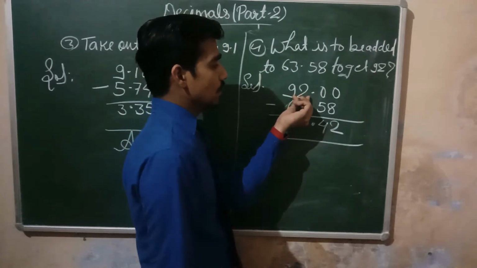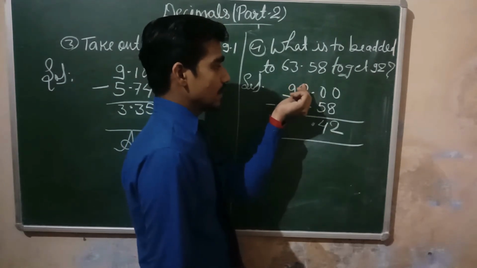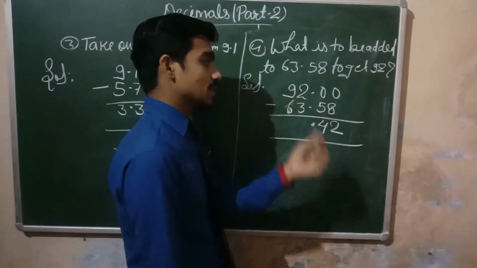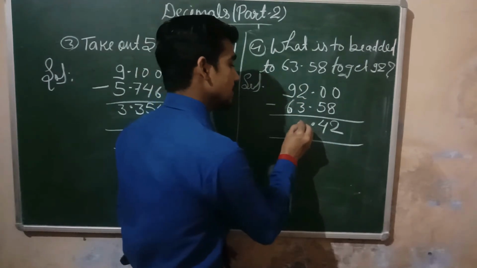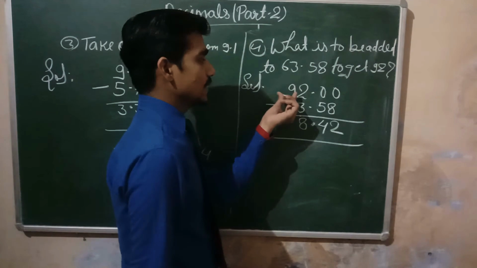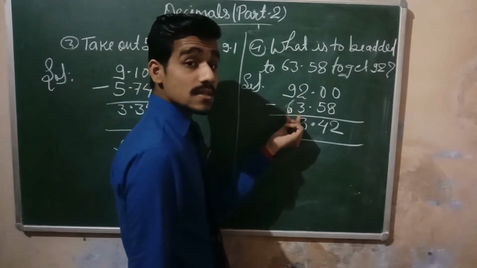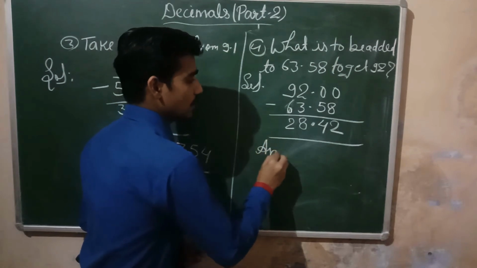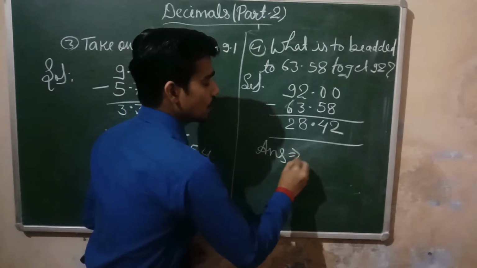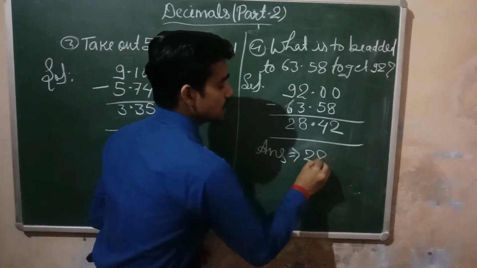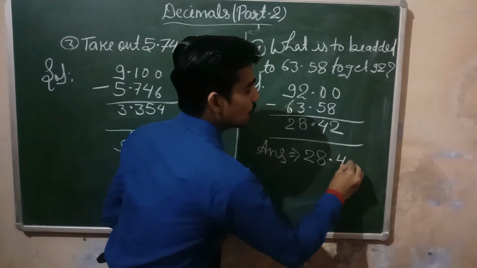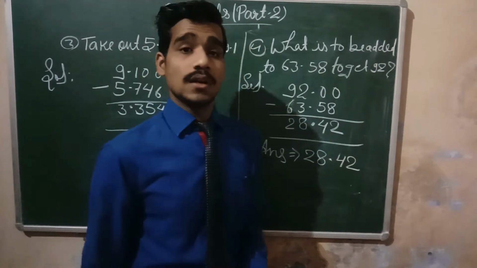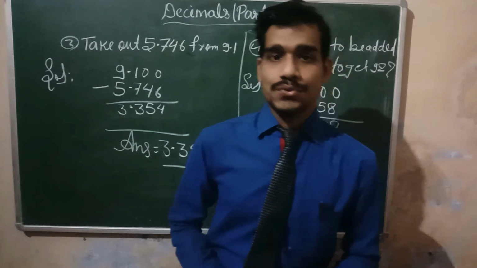And here 1, take one carry. 3 subtracted from 11, we get 8. And here 6 subtracted from 8, we get 2. It's your answer, 28.42. Clear? Now I am going to start the next questions.